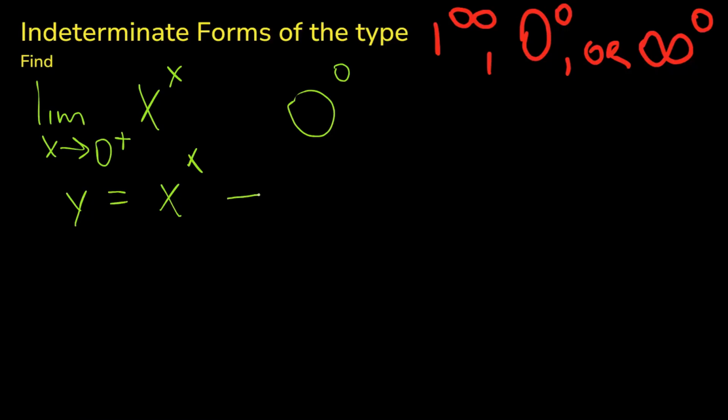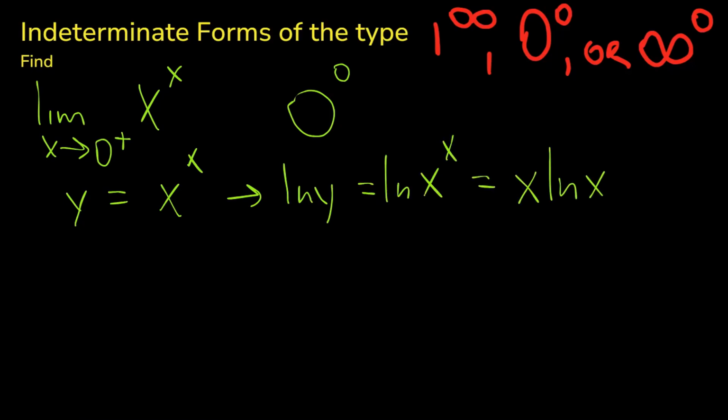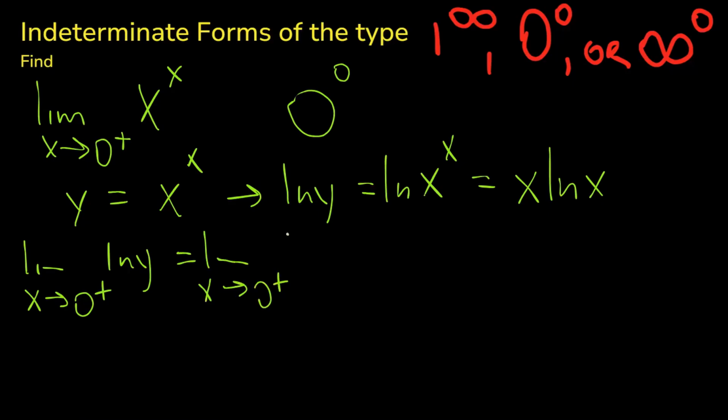Then you take the natural log of both sides. So natural log of y equals natural log of x to the x, which we can rewrite as x natural log x. So then we take the limit as x approaches 0 from the right of natural log y, which is going to be the limit as x approaches 0 from the right of x natural log x.